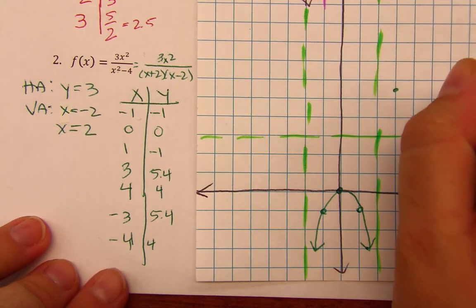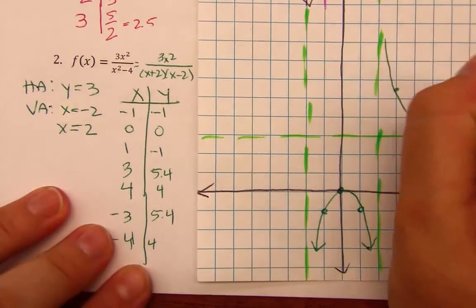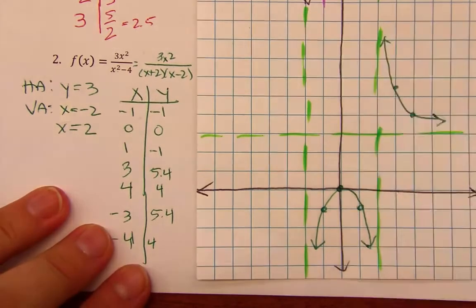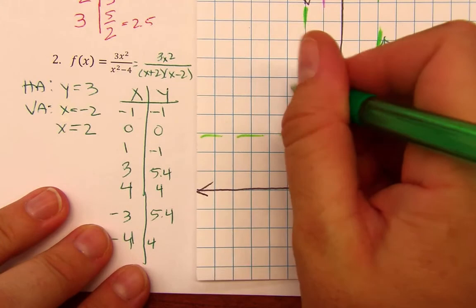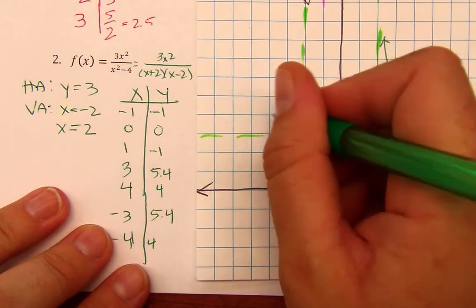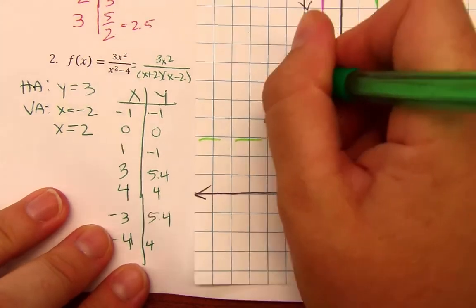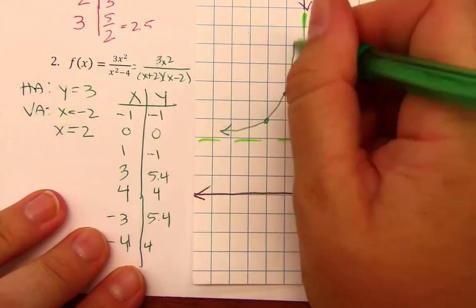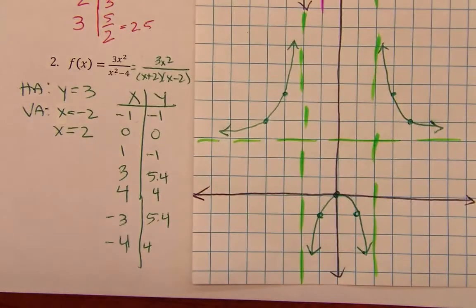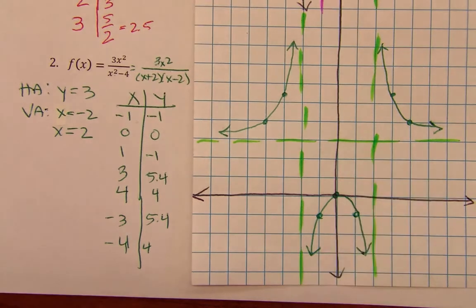And then we had 4. And then on the negative side, same thing. And there's our graph. And you can check your answers on Desmos or on your graphing calculator, but you should be able to do these without any calculator.